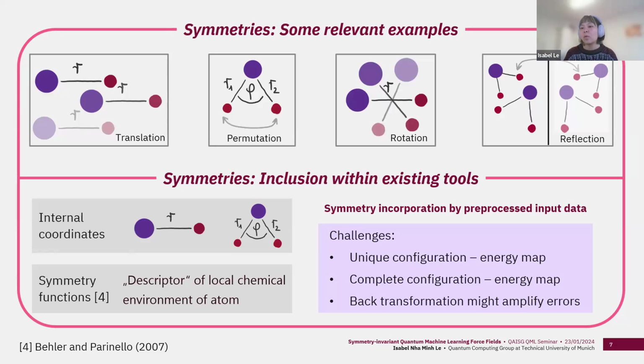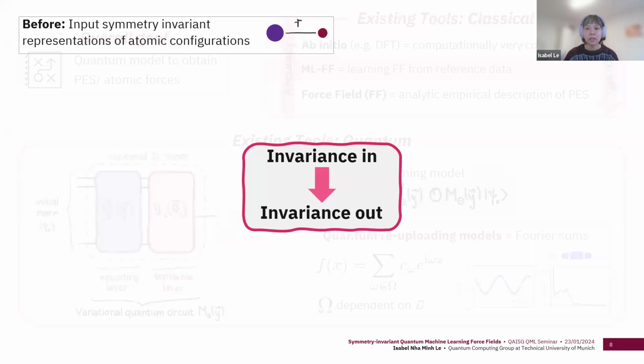And furthermore, we would also need to do classical post-processing as well, which might lead to amplified errors. Okay, so again, to phrase it in a different way, we could just put invariant representations of the configuration in, and hence yield invariant energy predictions out.